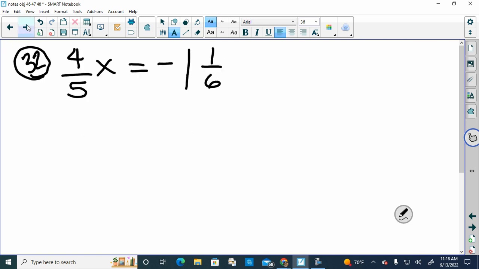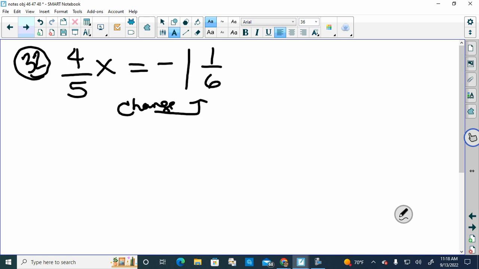Okay, next one. Good old fractions. Okay, so 4/5 x equals a negative 1 1/6. Okay, our first step is we need to change this one, okay? Before we can do anything in combining or moving or doing anything.